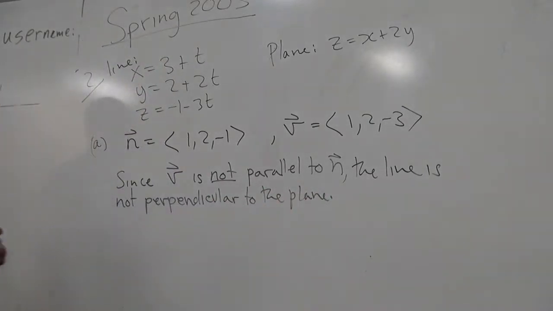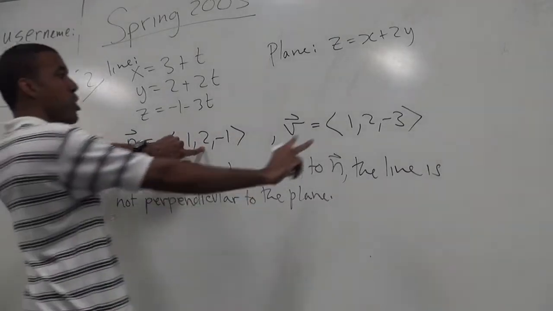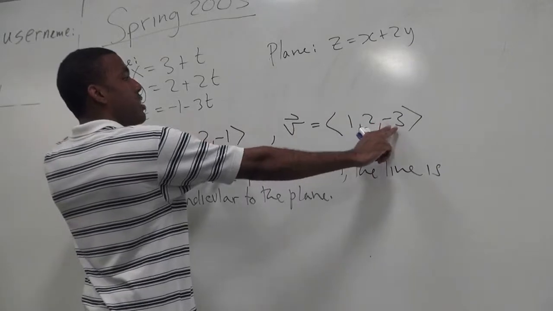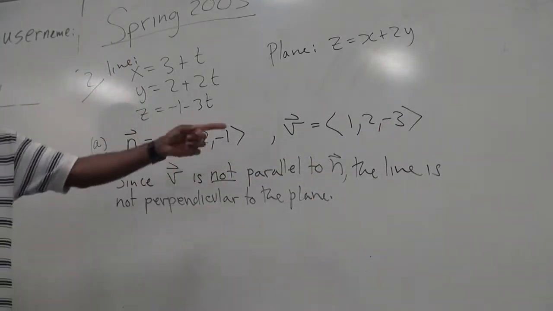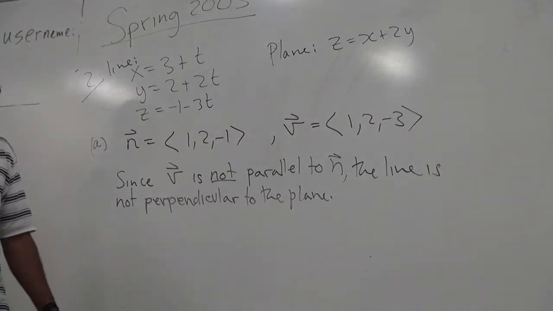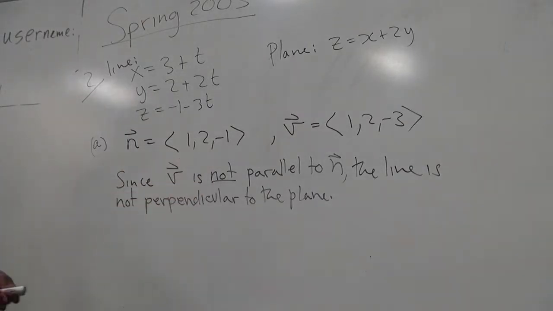That's one way to do it. We know to be perpendicular to a plane means to be parallel to its normal vector, right? These two clearly aren't parallel, because to get the first two, you have to multiply by a constant 1, but then to get this, you have to multiply by 3. So there's no constant such that one vector is a constant multiple of the other. So it's not parallel, so it's not perpendicular to the plane.